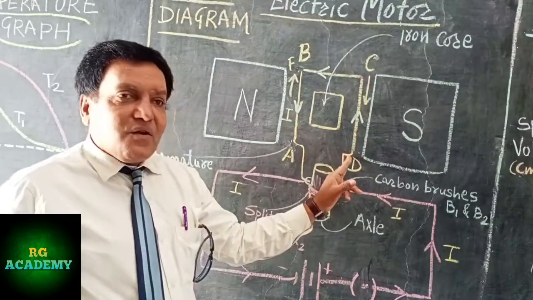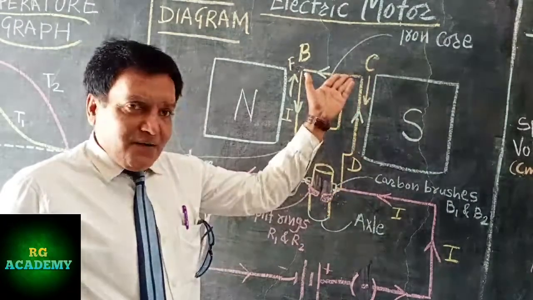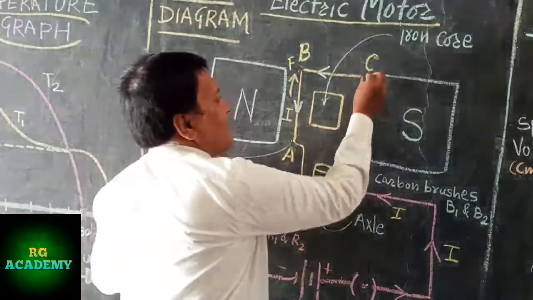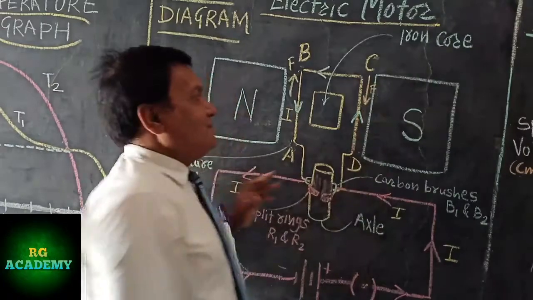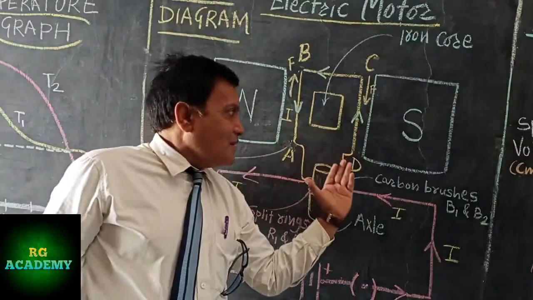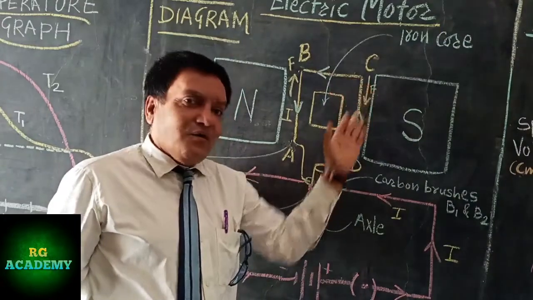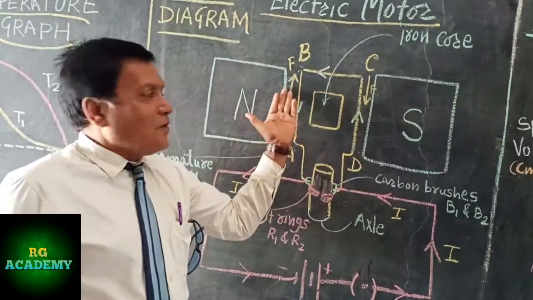The direction of current is from D to C, from bottom to up, so the force will act in the downward direction. Current is flowing in upward direction, force will act in downward direction. Here the current is flowing in downward direction, force will act in upward direction.